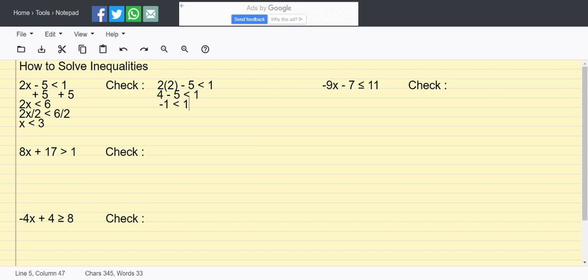Okay, next example is 8x plus 17 is greater than 1. First step is to get rid of the positive 17. So you subtract 17 from both sides.